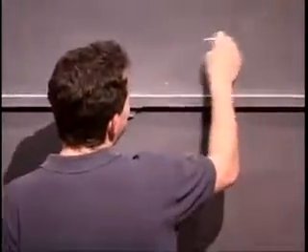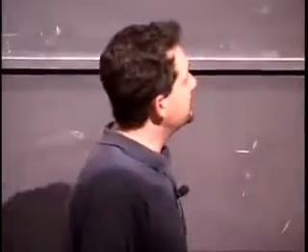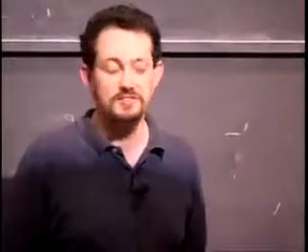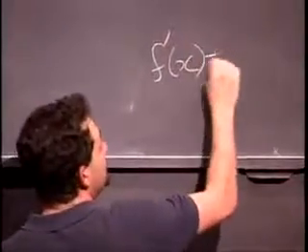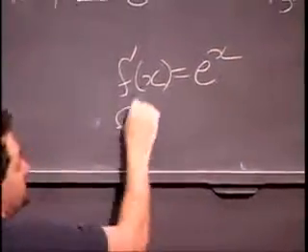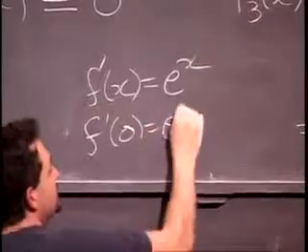Well, if you work this out, f of x is e to the x. The derivative is e to the x. The second derivative is e to the x. The third, all the derivatives are e to the x. And when you plug in 0, you just get 1, right? For example, f prime of x is e to the x, so f prime of 0 is e to the 0, which is 1.